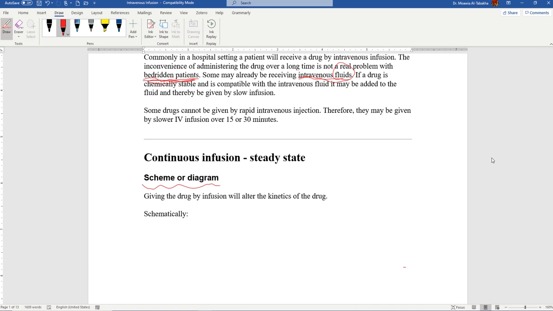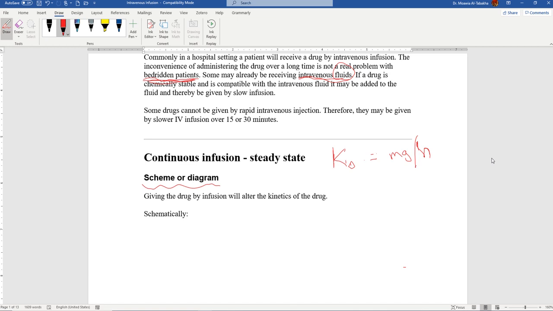We will call it the infusion rate, K0. The units of the infusion rate will be amount per time, amount administered per time, like, for example, milligram per hour.